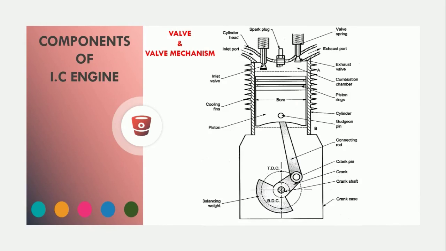The cam is mounted on the camshaft, and by operation of the cam and follower we have the opening of the respective inlet and exhaust valve at a particular time. So this is another element, the valve and valve mechanism. Move to the next element.